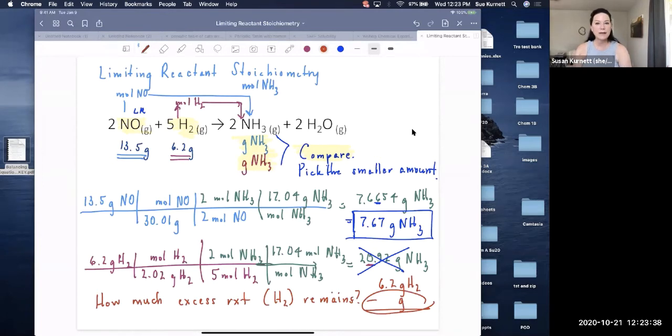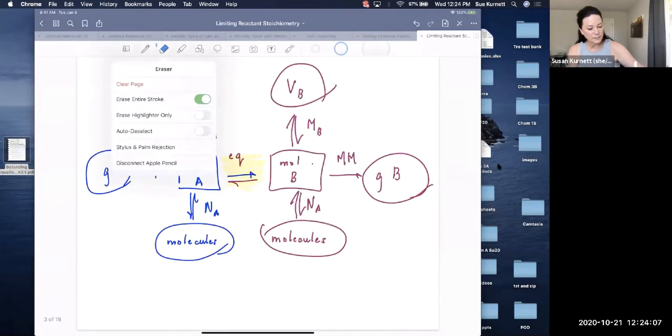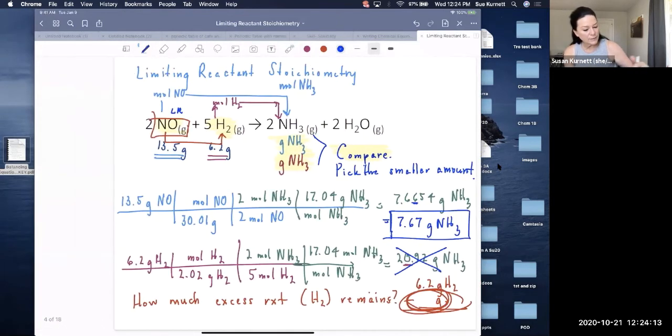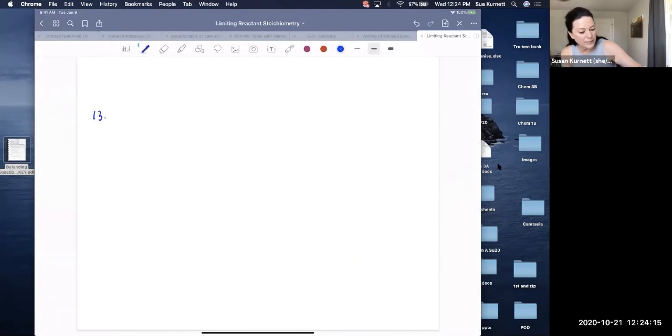To find the amount that we're going to subtract, we're going to start with our limiting reactant and go grams to moles to hydrogen. So now we're headed to grams of hydrogen, and then we can find out the number that we're going to subtract. So I'm going to start with my limiting reactant, 13.5 grams of nitrogen monoxide.